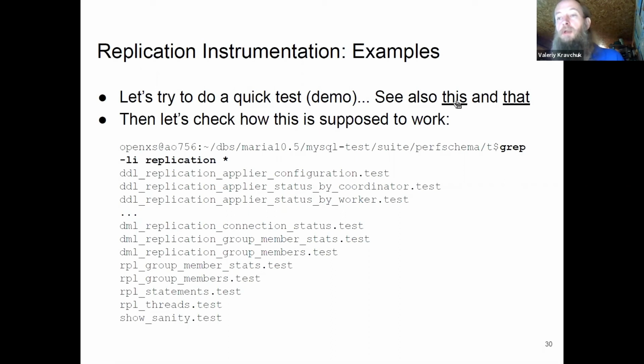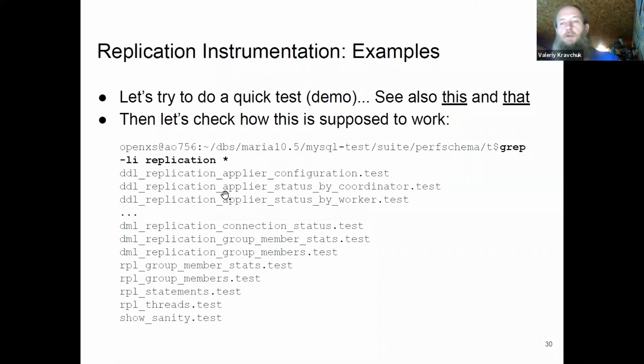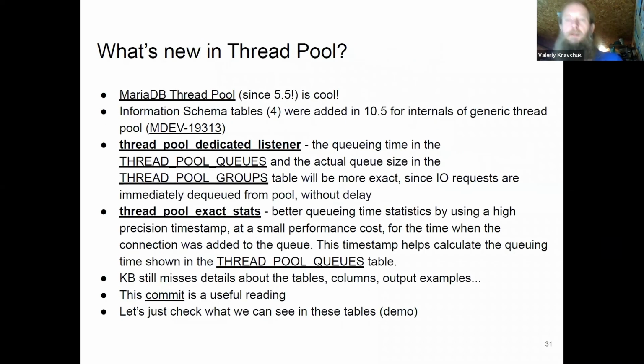So you can see how in 5.7 it's usually used in this blog post, and then you can see the related tests. There are many in the test suite, and see what's in the plans of our developers for the related things. So I had not set up tests for this presentation. I rely on the regression test suite, and I had not yet used this in practice because it's incomplete.